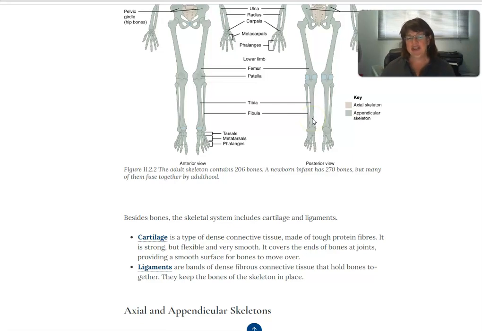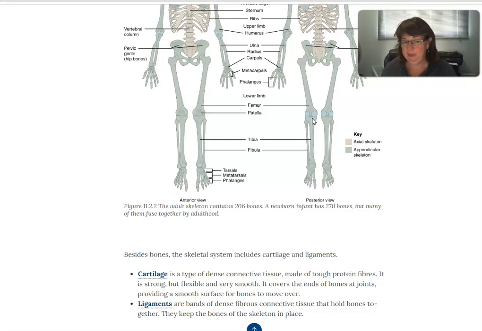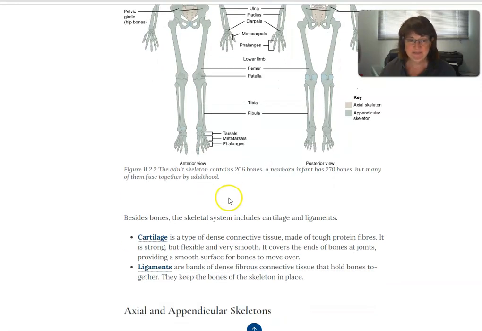Then we are also looking at ligaments, which don't show up in this picture. But if you look at the video I used to introduce the course where you've got all the bones building, you can see the ligaments and the tendons on them. The ligaments hold bone to bone to help keep them in place.